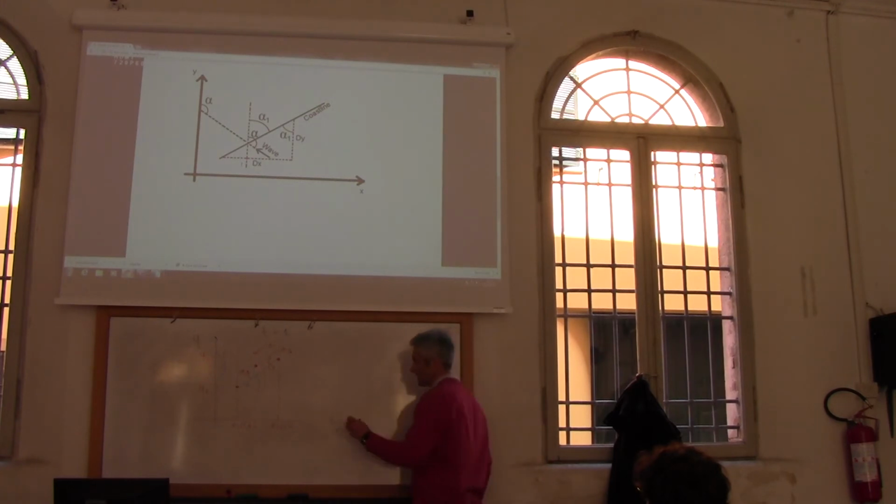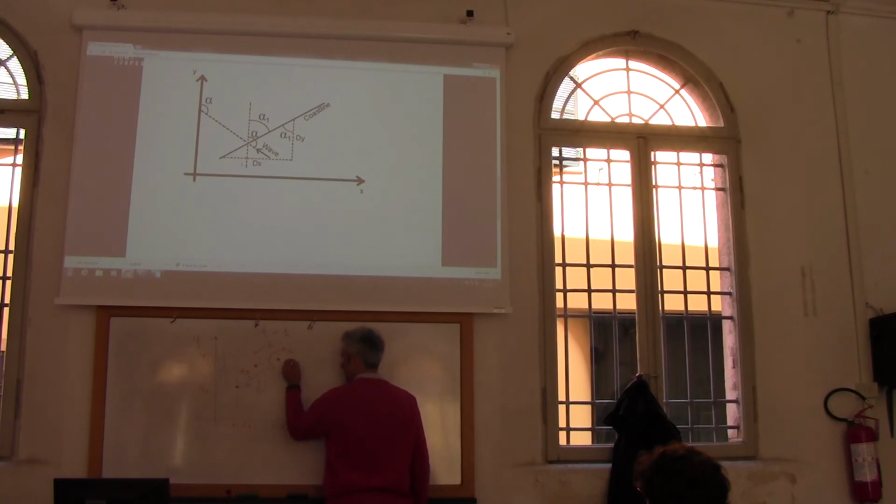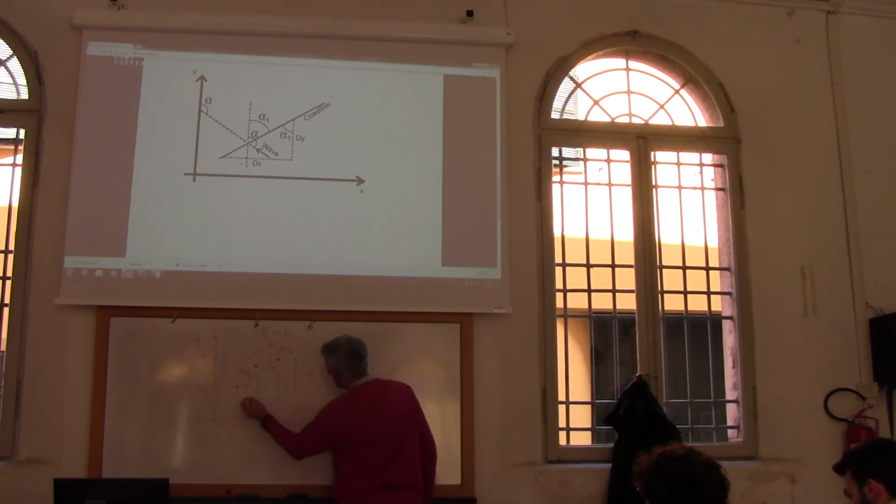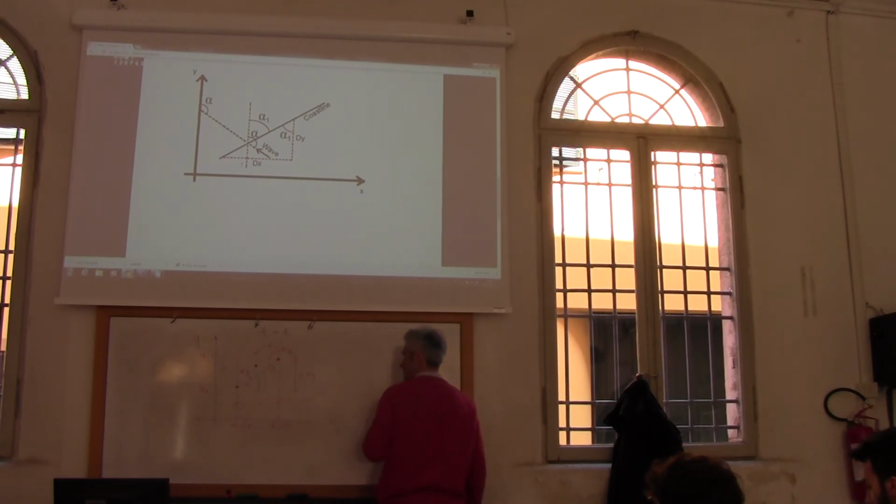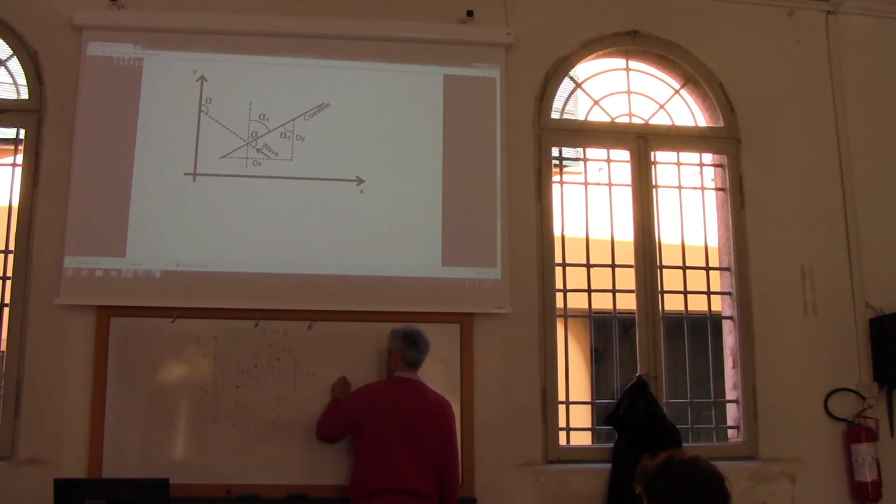Okay, now let's highlight that this is 2dy and this one is x LC i plus 1 minus x LC i minus 1.